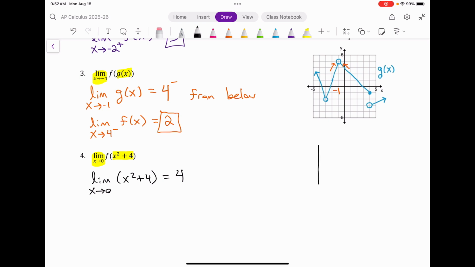So we're going to draw a quick sketch of this graph. So we know it's a parabola that opens up, has a y-intercept of 4. And so you can see as we approach 0, we are approaching 4 from above.